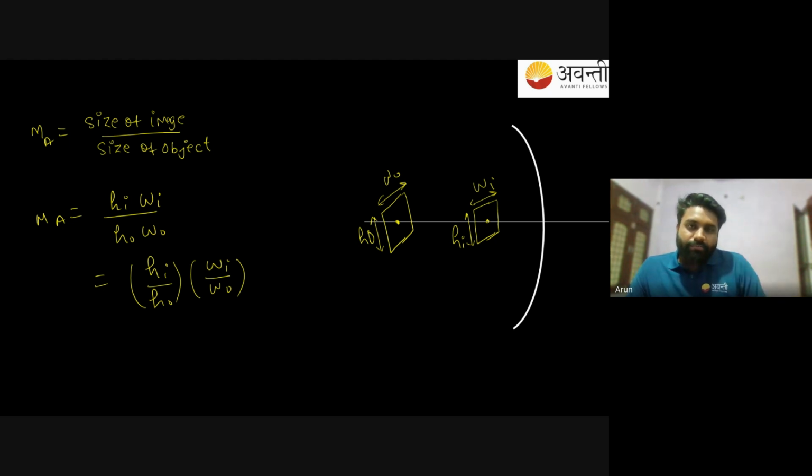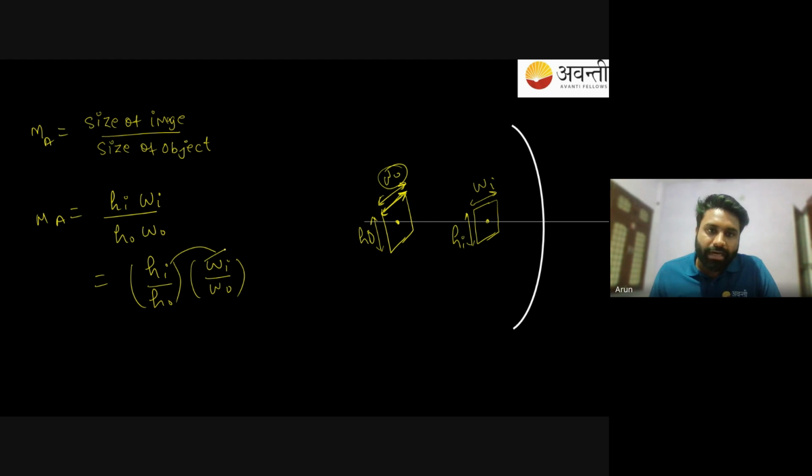I will tell you one trick. If the object is placed perpendicular to the principal axis, that would be counted as the transverse one. So this WO is perpendicular to this principal axis, so it would be counted as the transverse magnification.